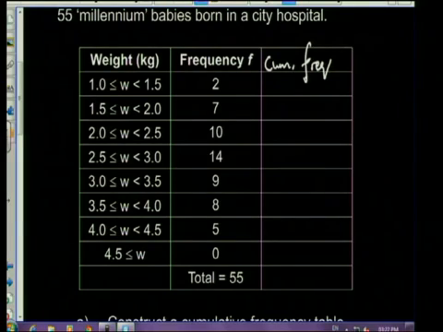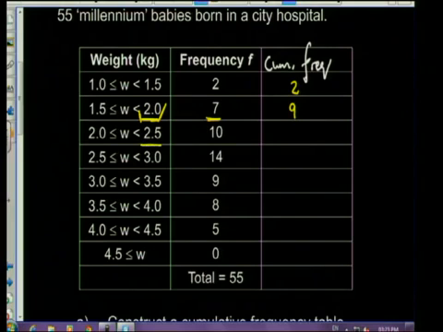So what we're saying is, how many babies are between 1 and 1.5? Well, 2. Now look carefully. What should be happening here is we're saying, how many babies were in weight below this final value? So how many babies weighed less than 2 kilograms? So it's everything up to that point. So it would be the 2 plus the 7, which then makes 9.